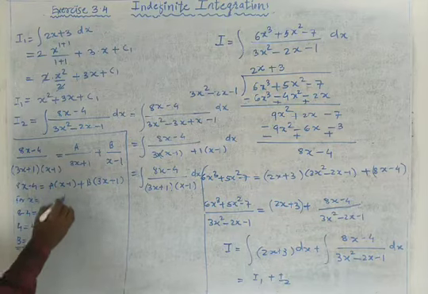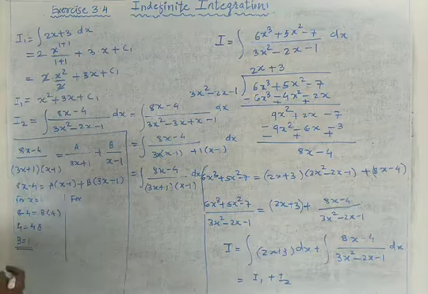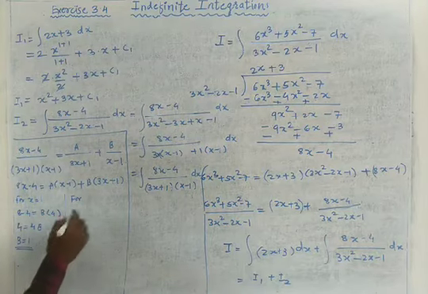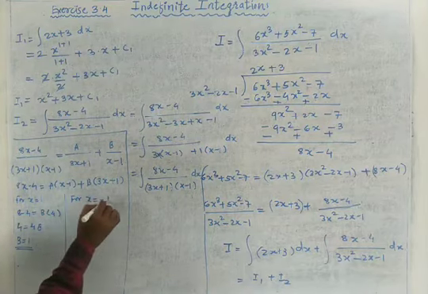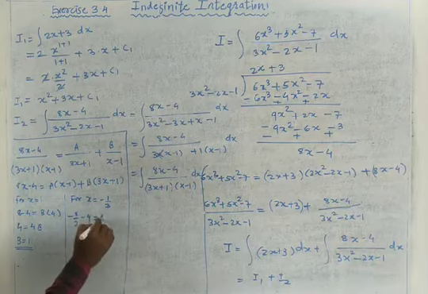Now for finding the value of a, this 3x plus 1 has to become 0, and this will become 0 for x is equal to minus 1 by 3. So minus 8 by 3 minus 4 is equal to a into minus 1 by 3 minus 1.